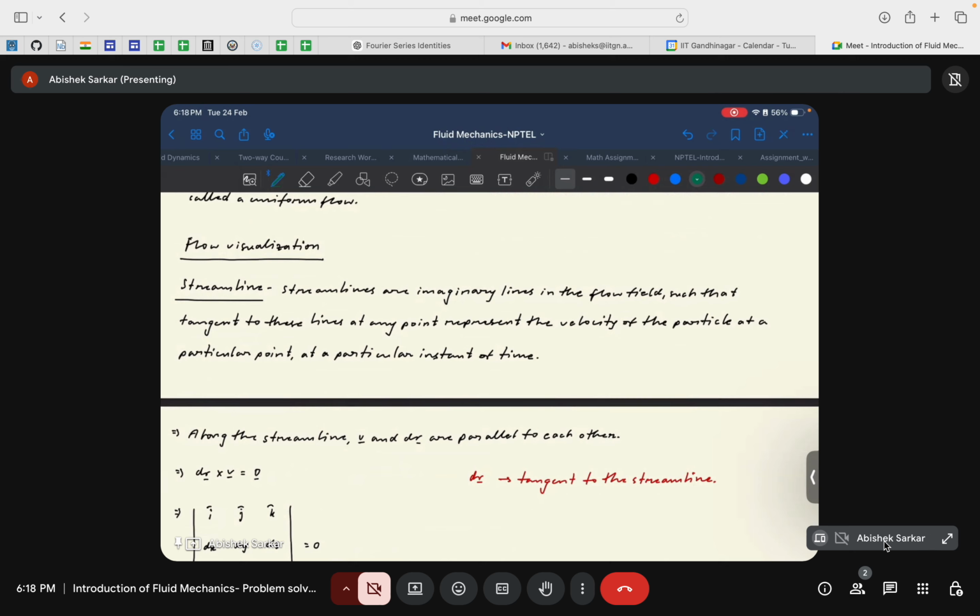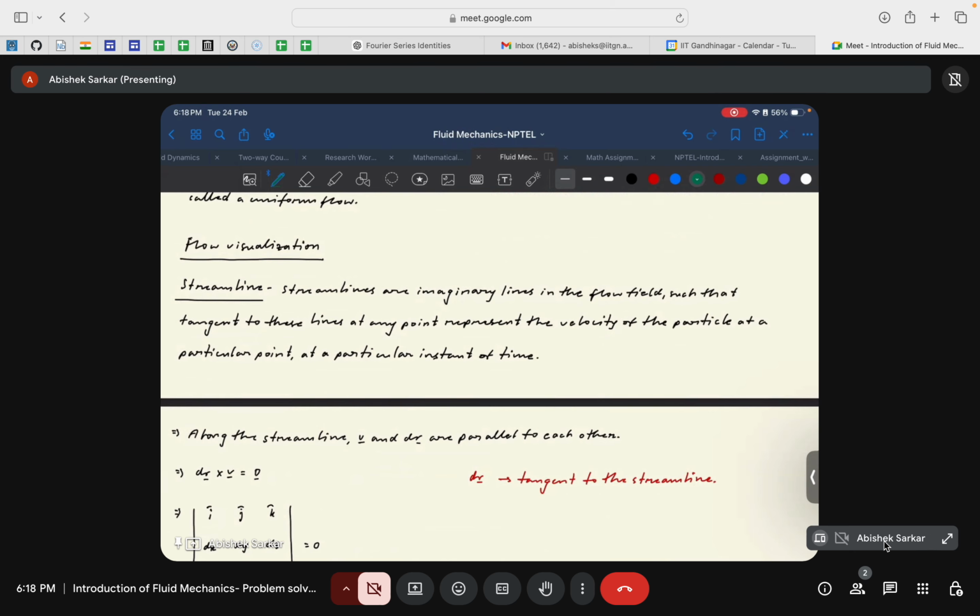Okay, just a suggestion: there's a very good example taken by Professor Chakraborty in the lecture, where for the same flow field, by changing some parameters, he derives the equation of streamlines, streak lines and path lines.